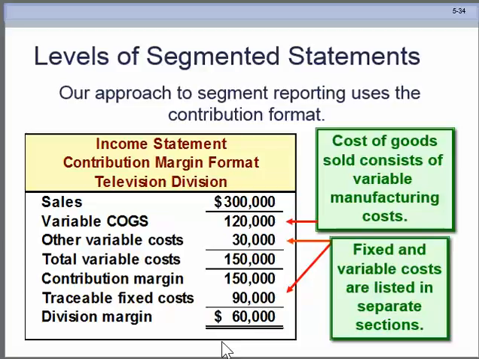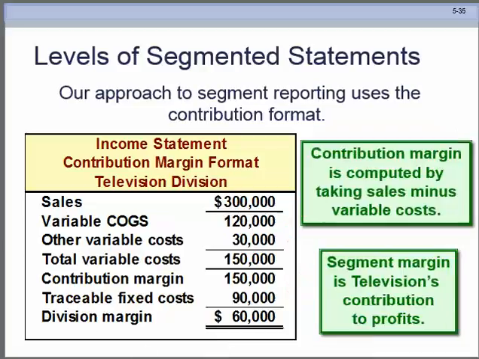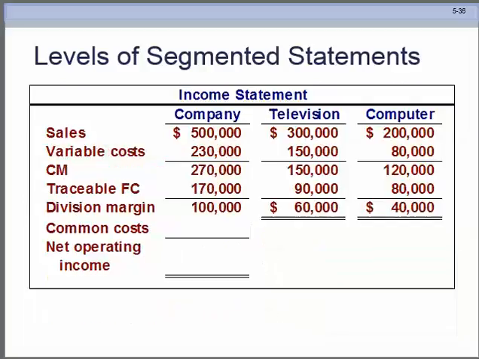In other words, how much is the sales less the traceable and variable costs? How much is left to cover the common costs of the company? So we're going to use a contribution format, and that's what this is looking at. We're looking at what would be left to contribute to covering the cost of the entire company.